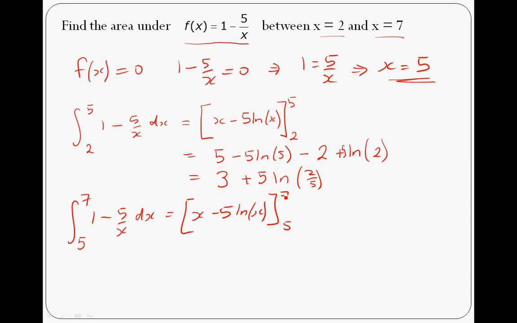And if we put those limits in, we end up with 7 minus 5 log 7, the upper limit, minus 5 plus 5 log 5. And if we work out what that is, 7 minus 5 is 2, and we're going to add on 5 log 5 over 7.